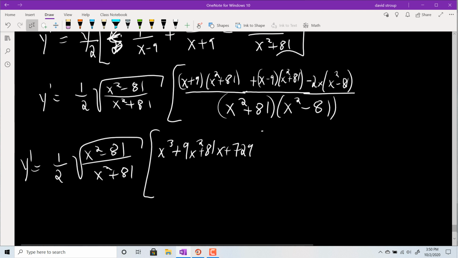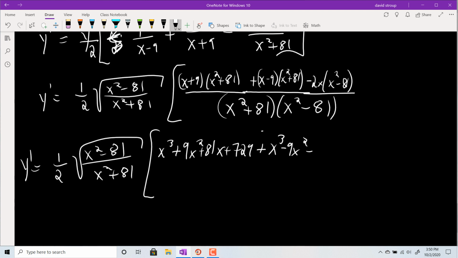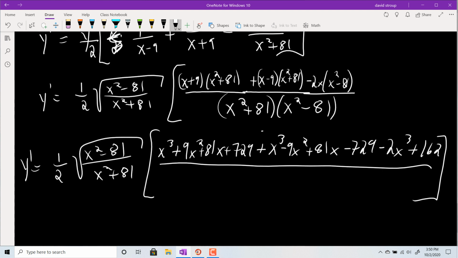Plus x cubed minus 9x squared plus 81x minus 729, minus 2x cubed plus 162, all over x squared plus 81 times x squared minus 81.